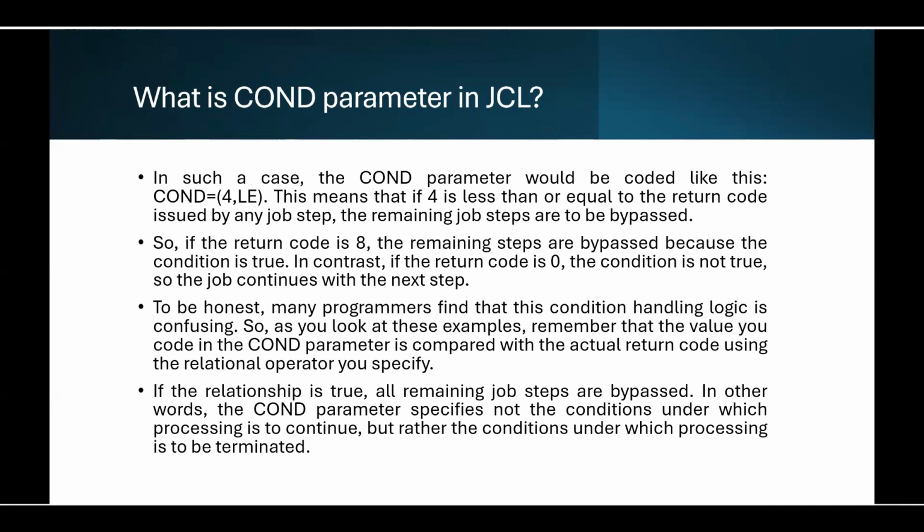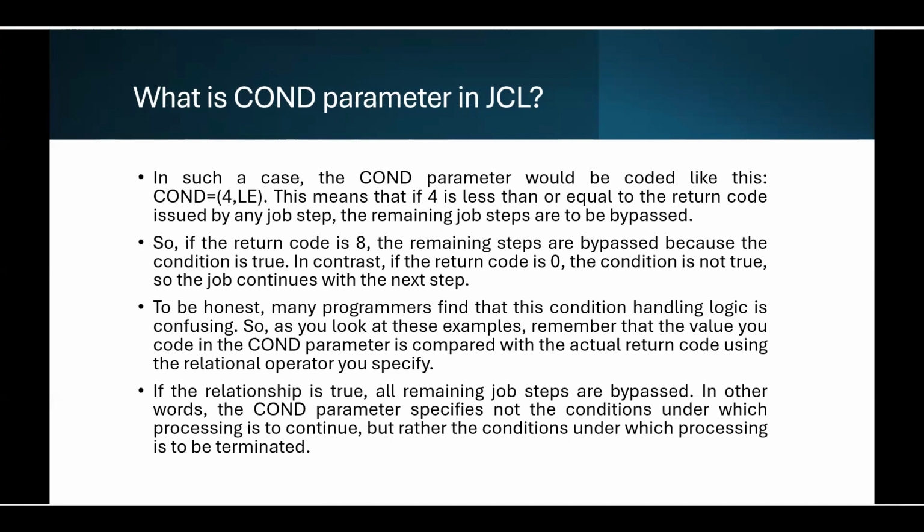So if you are getting any return code from any job step, your condition parameter will check whether 4 is less than or equal to that condition code. If not, then it will not bypass that step.